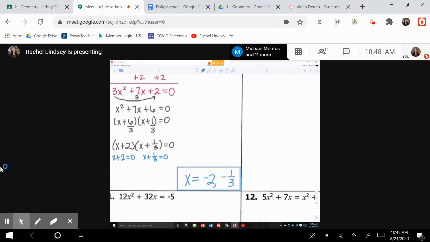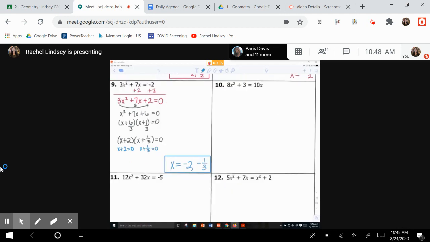Number 10, what do I need to do first? Move the 10x over, so I'm going to subtract 10x from both sides. So I have 8x squared minus 10x plus 3 equals 0.